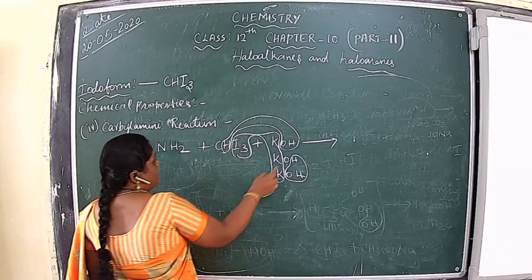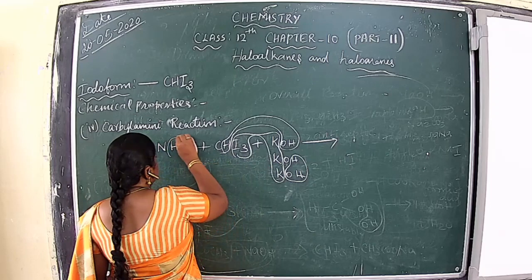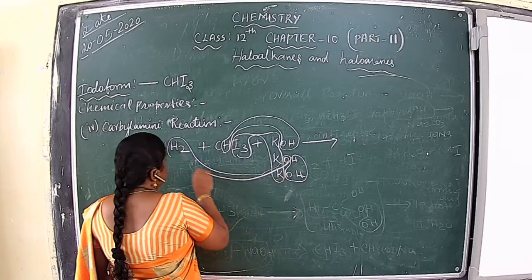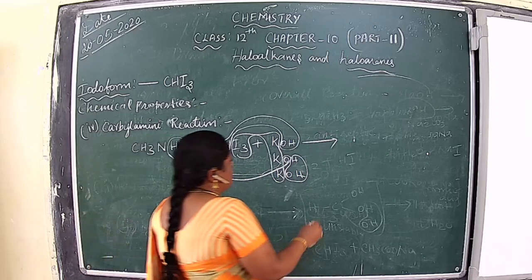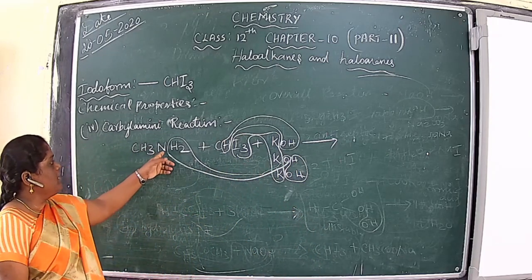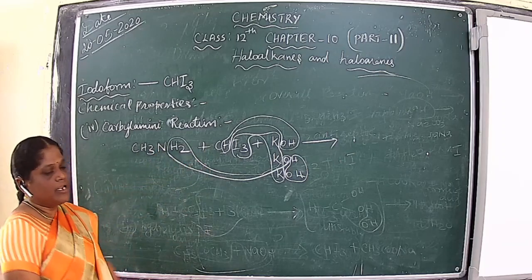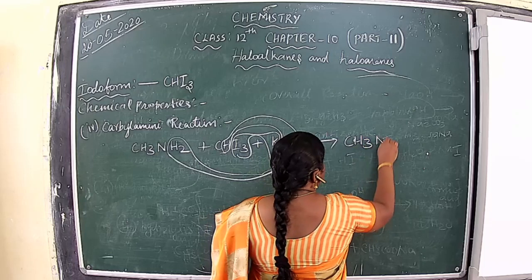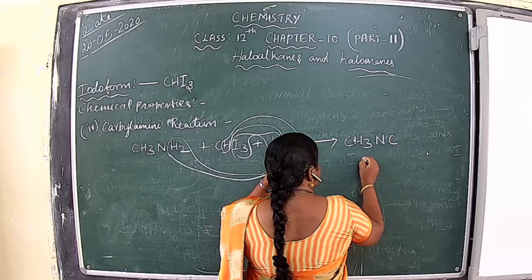Okay. And one oxygen is there, no? This oxygen joined to this hydrogen to give what? Water. Then the remaining we can write, what is remaining? CH3NC only is written. So CH3NC, this is what?